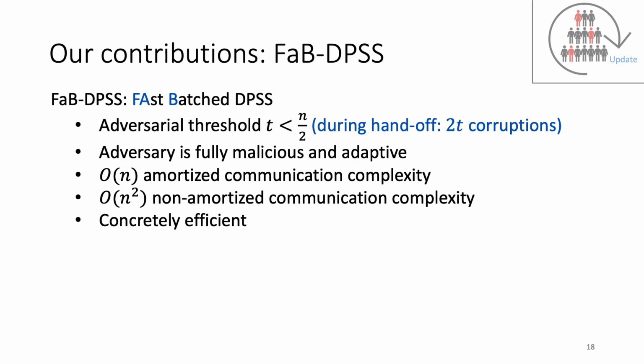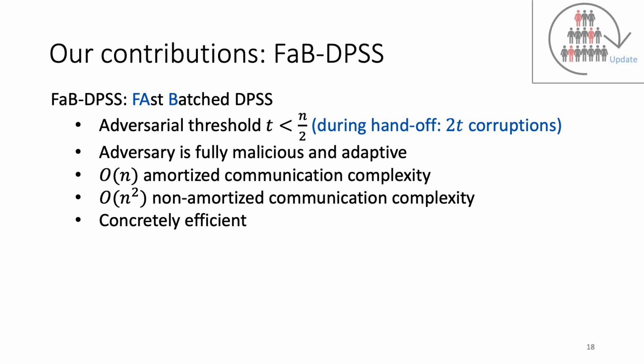In this work, we introduced a very efficient DPSS scheme, which is called FAB-DPSS, which stands for Fast Batch DPSS. It supports an adversarial threshold of 1/2, which is the highest possible. During handoff, it is especially challenging because we need to consider 2T corruptions, because T parties can be corrupted in the old committee and T parties can be corrupted in the new committee.